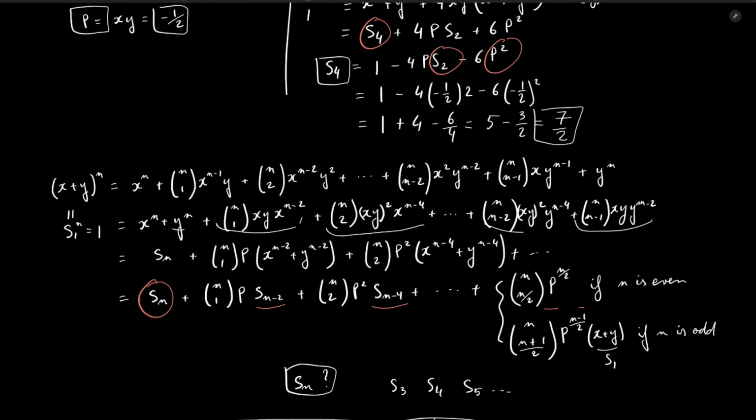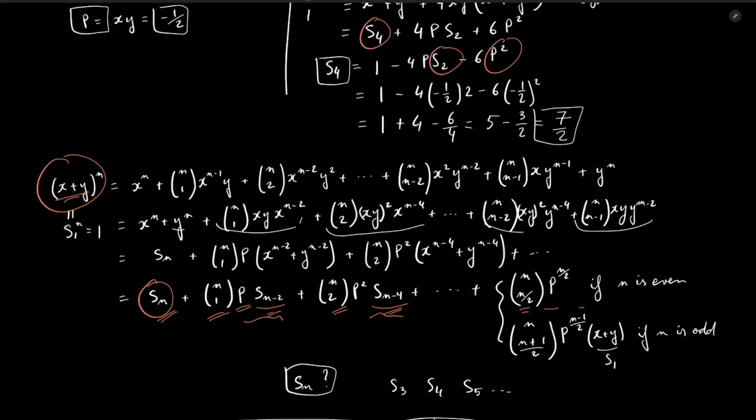What we saw here is that we can always express Sn as something that depends on x plus y to the power of n and previous values of Sn, which are Sn minus 2, Sn minus 4, etc. So we have Sn that can be expressed as x plus y to the power of n plus a sum and product of values that are only depending on p and previous occurrences of Sk. So for example, Sn minus 2, Sn minus 4, and other integer numbers.